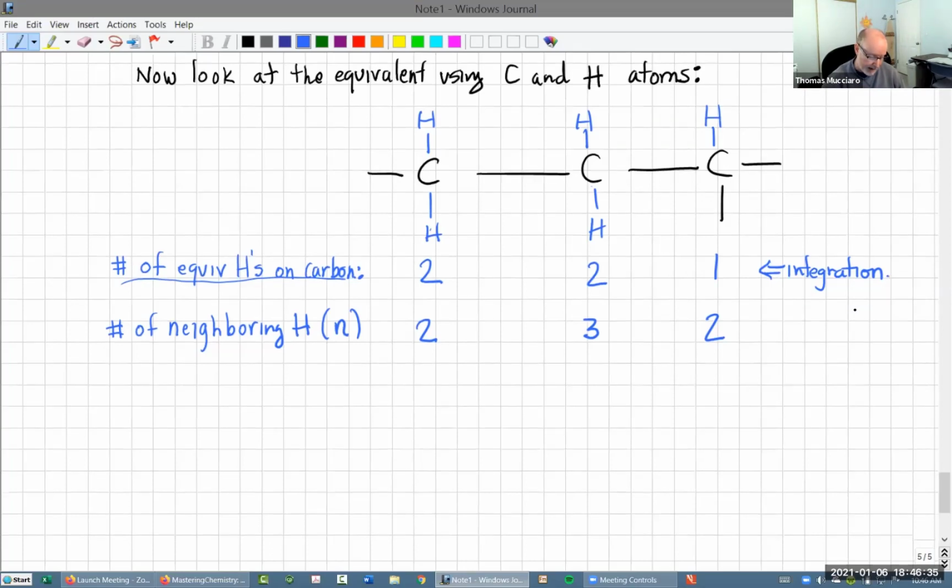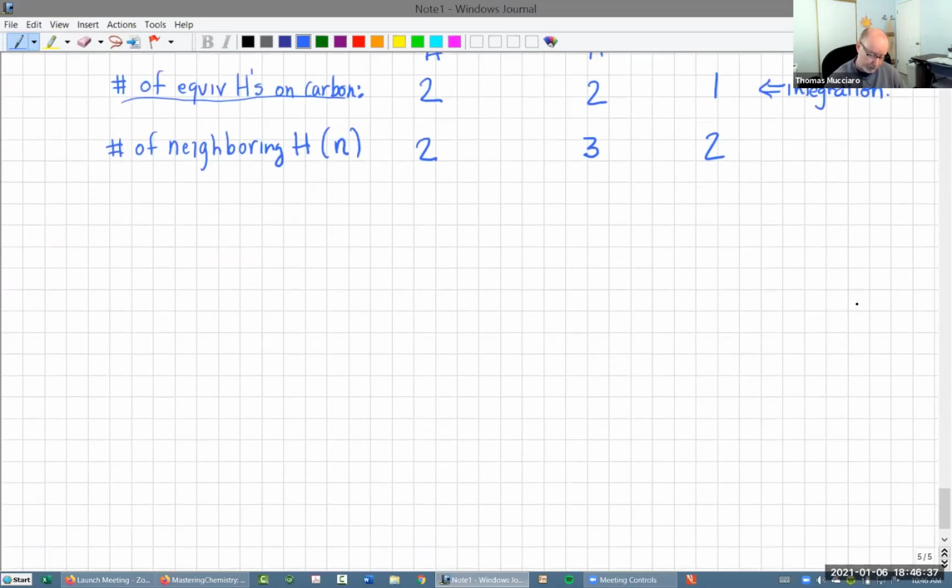Okay, so now, how does splitting work then? Now, this is not perfect. There's exceptions to this, but we're going to talk about the N+1 rule.